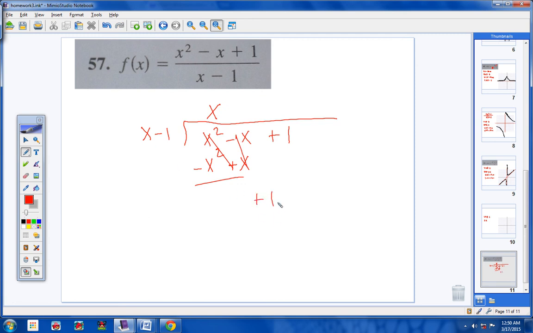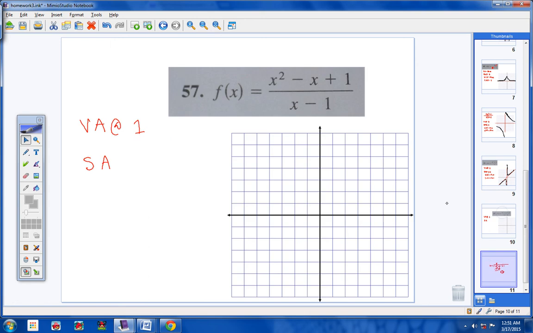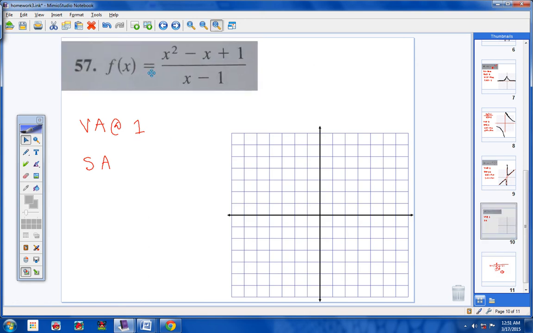Your degree here is 0, which is smaller than this, so you're finished. This is your remainder here. So really you have y equals x again, same thing that we had before, for the slant asymptote, y equals x. Let's bring it back over here. So a slant asymptote at y equals x.